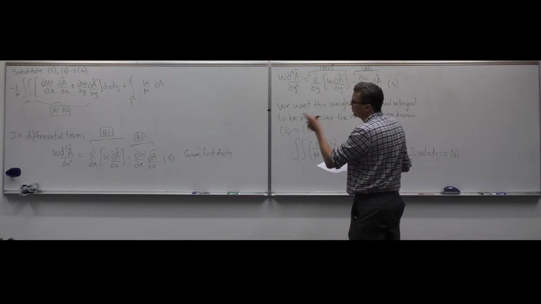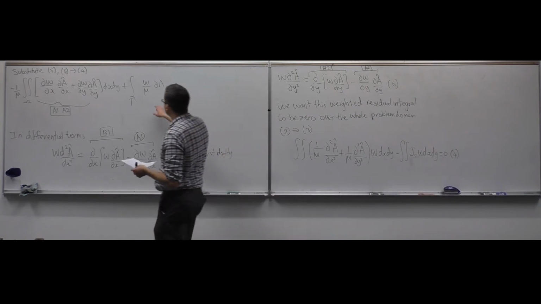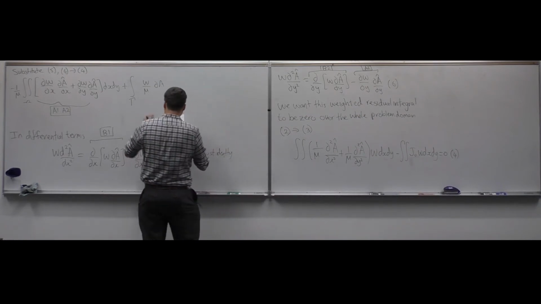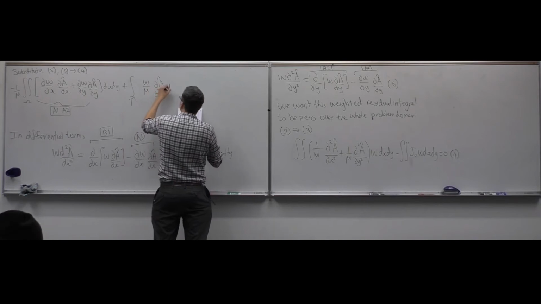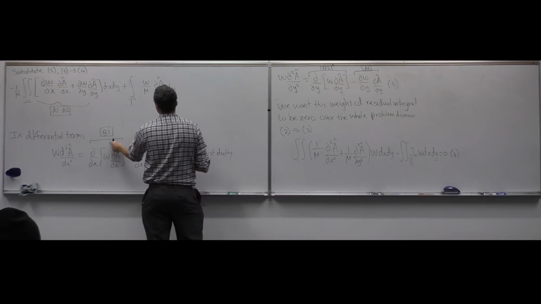So we have B2 and B1, and those two terms are going to turn out to be line integrals. So we're going to have w over mu, del A hat over del x, dy. That's the first, that's B1.